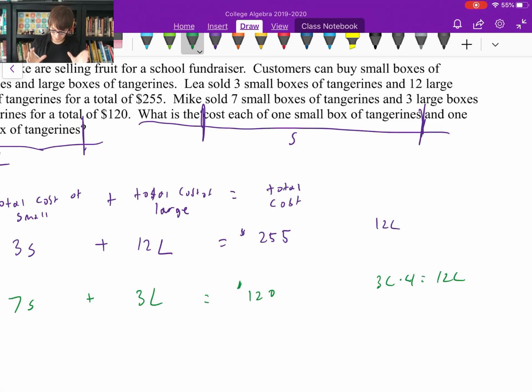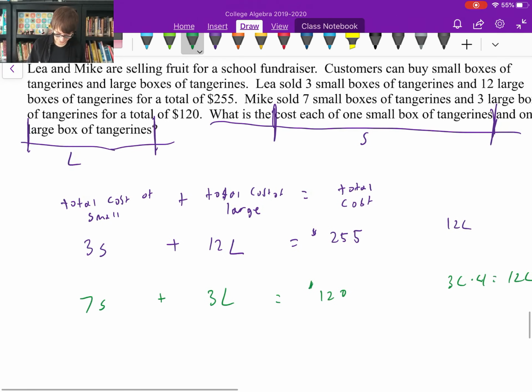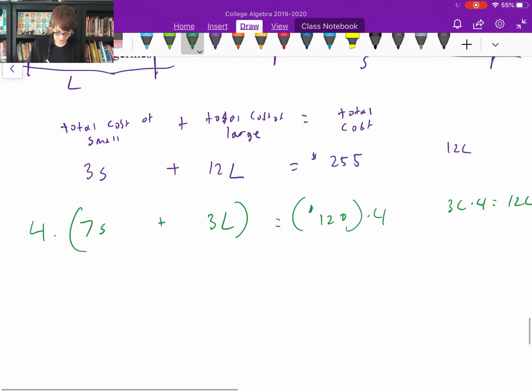But if I multiply 3L by 4, I'm going to multiply everything by 4 in that equation. So I'll multiply all the left side by 4, and I'll multiply the right side by 4. I'll rewrite the top: 3S plus 12L equals $255.